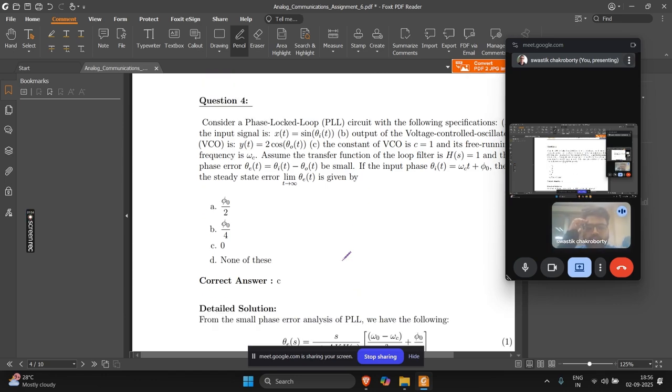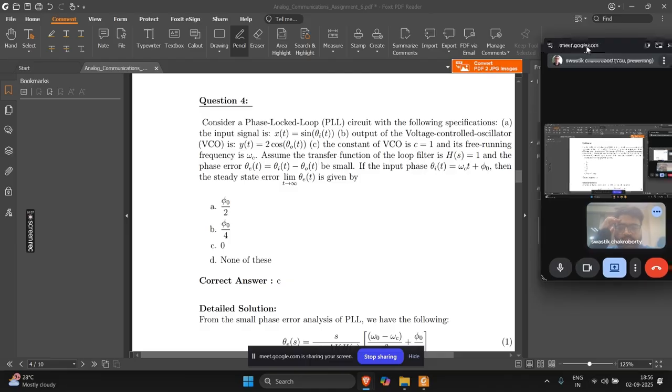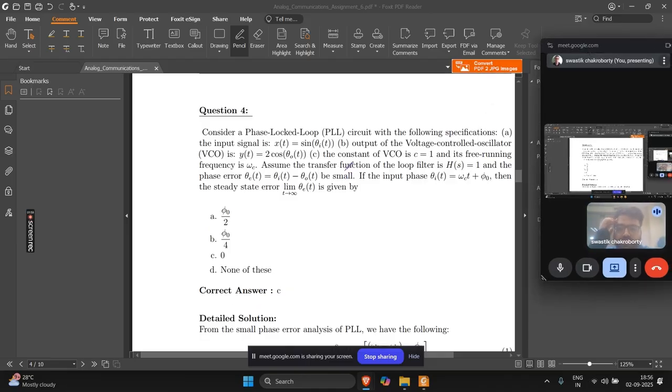Next, consider a PLL with the following specifications. The input voltage signal is x(t) equal to sin theta t.